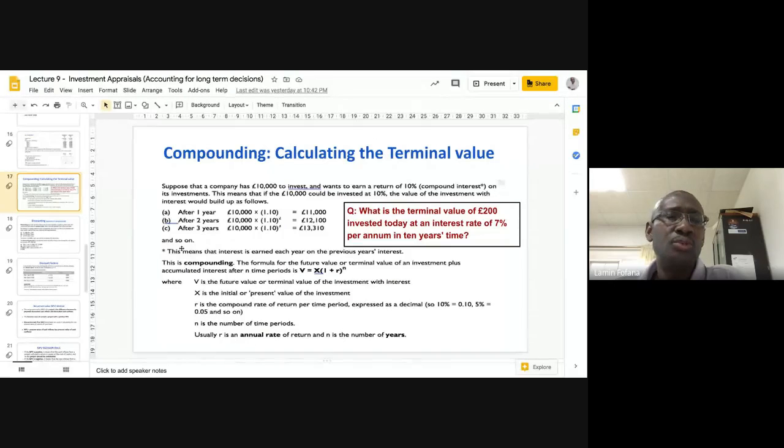So we're going to look at compounding and discounting. Discounting is when you have future cash flows, you want to bring them to their today value, which is what is going to be used in our DCF techniques. Okay.